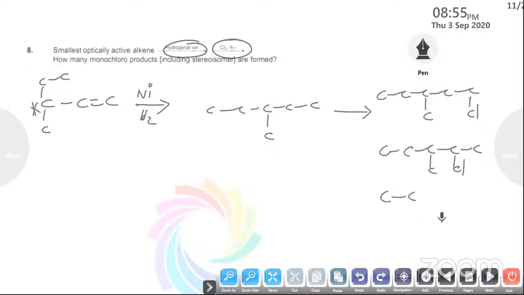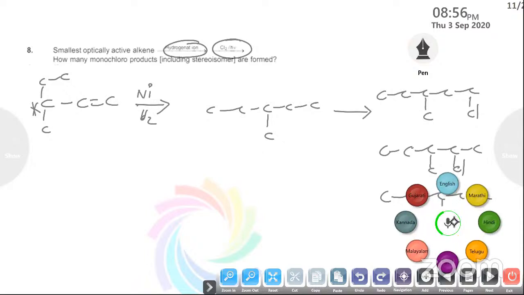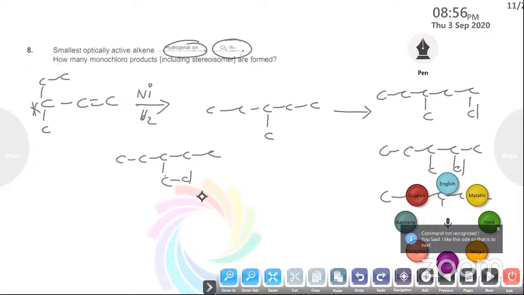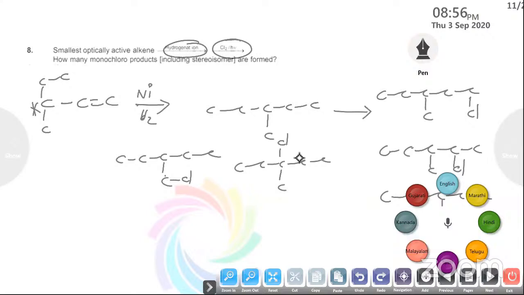Next, I'll write on this side, so that is 2. Next, we have one chlorine here, 3. So you can check now, these are the 4 derivatives we have.